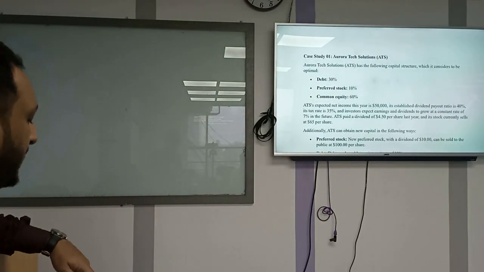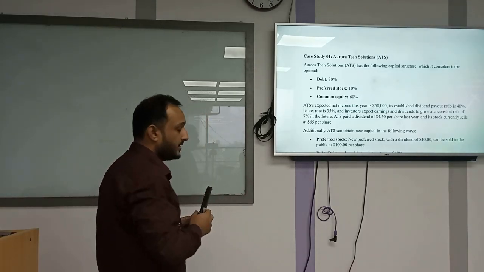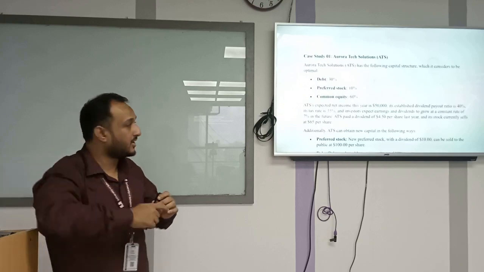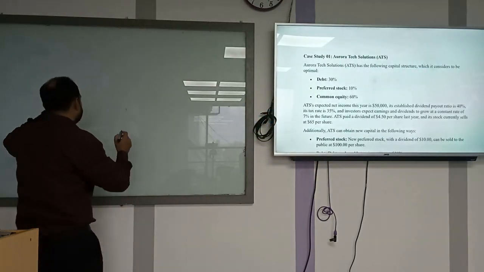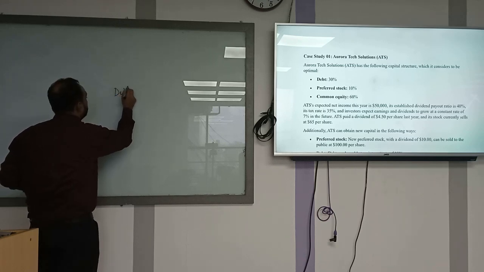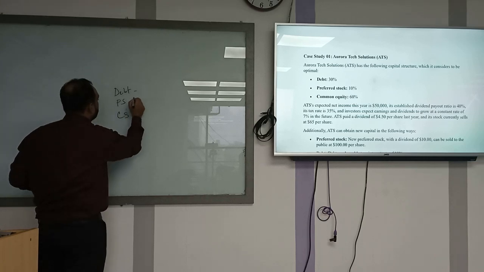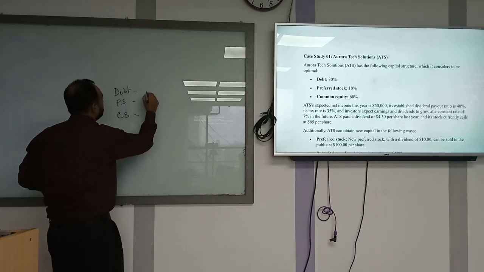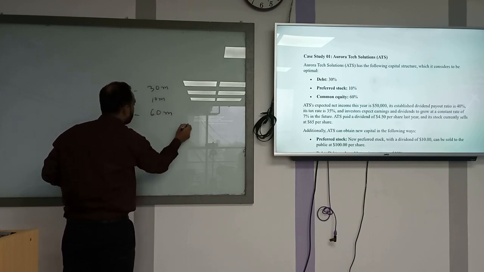So now slowly we will go for this case study, right? Let's see what it says. First, forget about it, don't look at that yet. Let's say debt, preferred stock, common stock, right? So for example 30 million, 10 million and then 60 million.